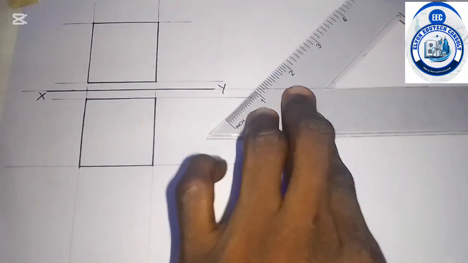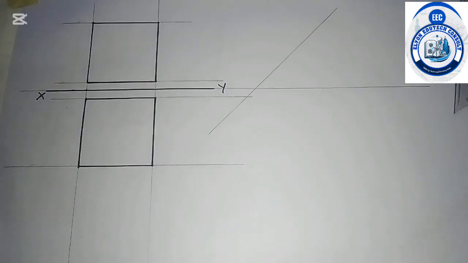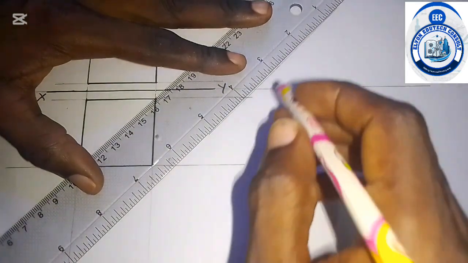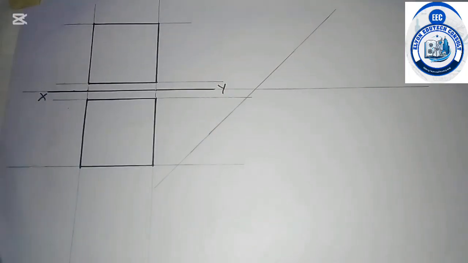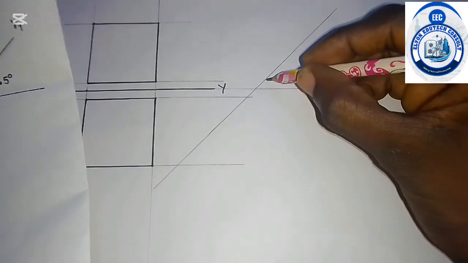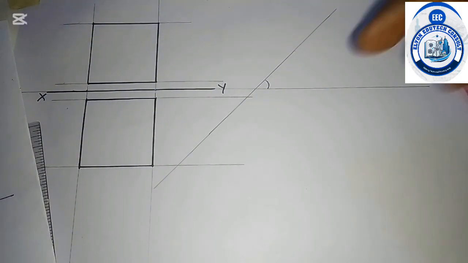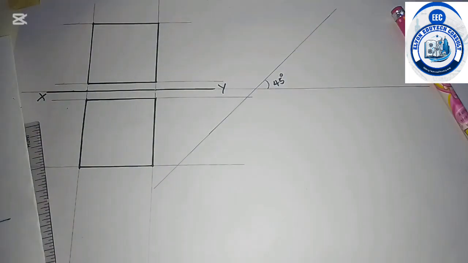I hope you can see that the way I put the set square, it must be at 45 degrees. Okay, then come this way. Alright, such that the line is forming 45 degrees here. So I'm going to put that 45 degrees at this side. This is 45 degrees.